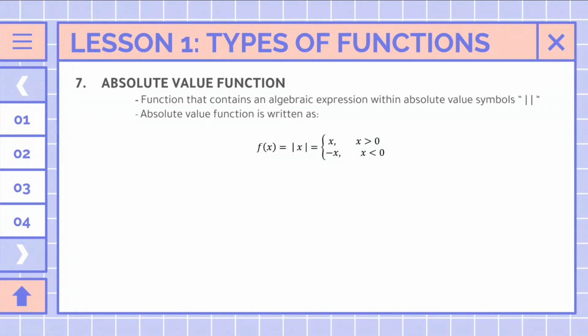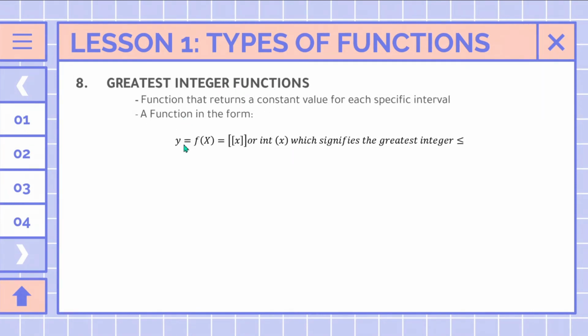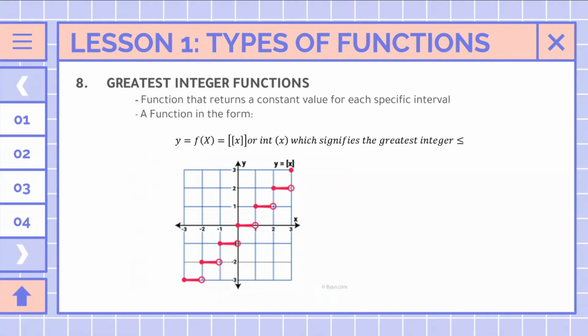Next is absolute value function, a function that contains an algebraic expression within absolute value symbols. Absolute value symbols, para siyang straight na pataas, ganun. Dalawa. Then, you can see naman dito, greatest integer, a function in the form y is equal to f of x is equal to bracket x, which signifies the greatest integer less than or equal to x.